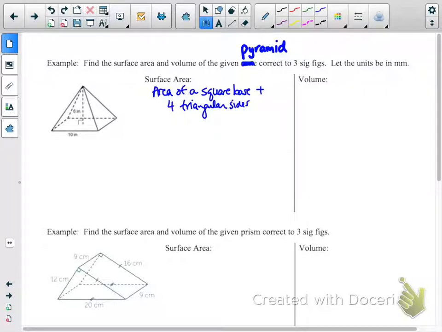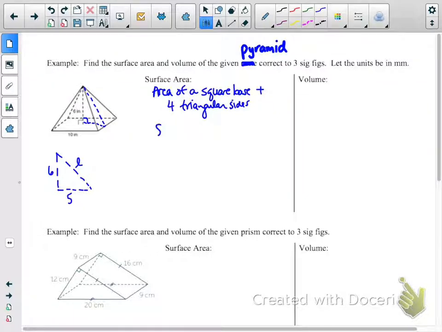Now, in order to find the area of those triangles, though, I need the slant height. So I need this right here. So you can see I've got a little right triangle right there, not drawn really nicely, but let me kind of redraw it over here. Okay, so this is 6. This is 5 halfway, and then I'm looking for L right there.